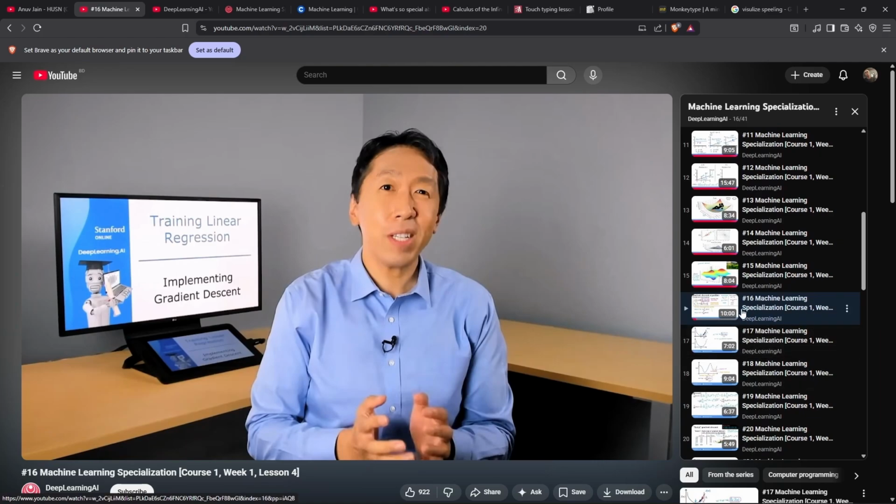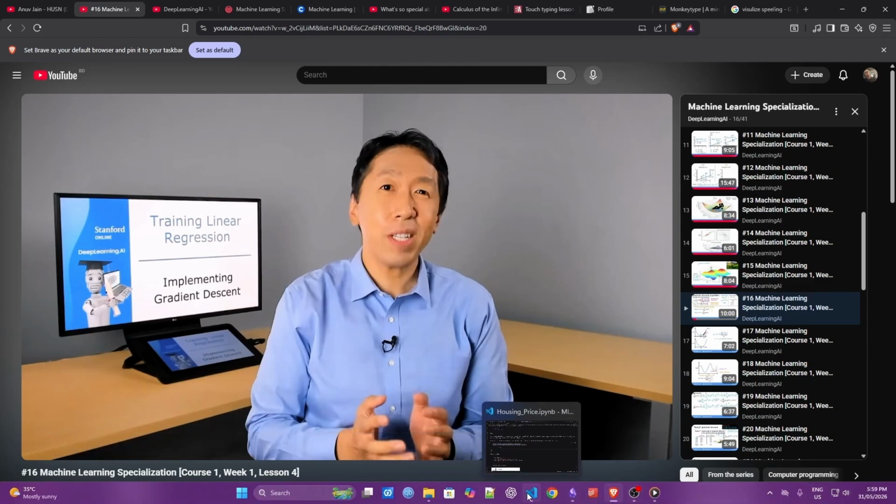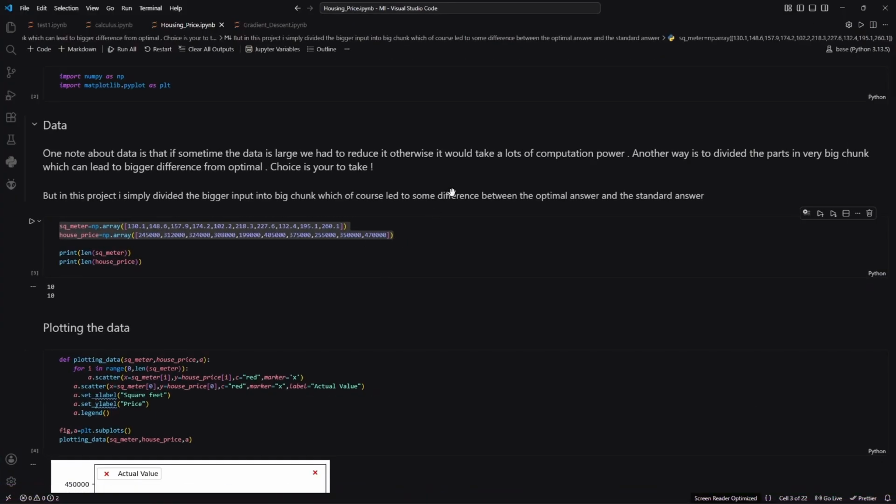Within 16 classes, after doing them for 2 or 3 hours, I got a fundamental idea of linear regression. I implemented linear regression in VS Studio with only one input. Let me remind you, with only one input.